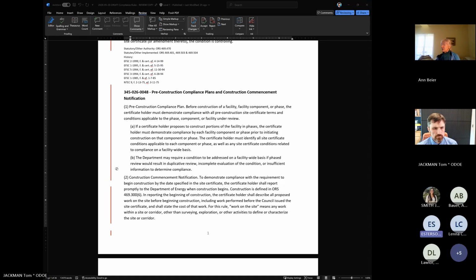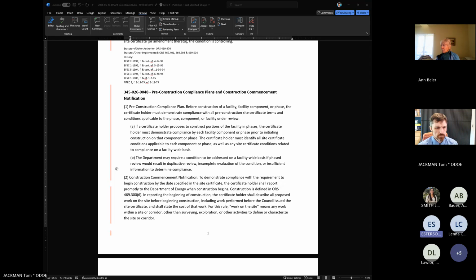Yeah, and I think for us, we are trying to maximize flexibility, and we acknowledge that our terms differ from how the developer's terms work. But in your example, with the word phase, if the certificate holders would just say, okay, construction's going to take 12 months, and every month it's going to change.